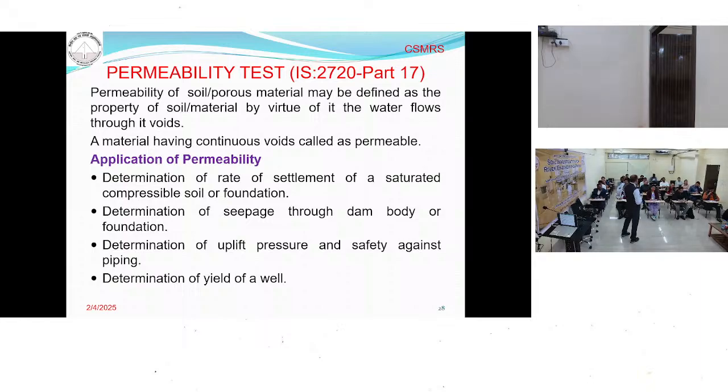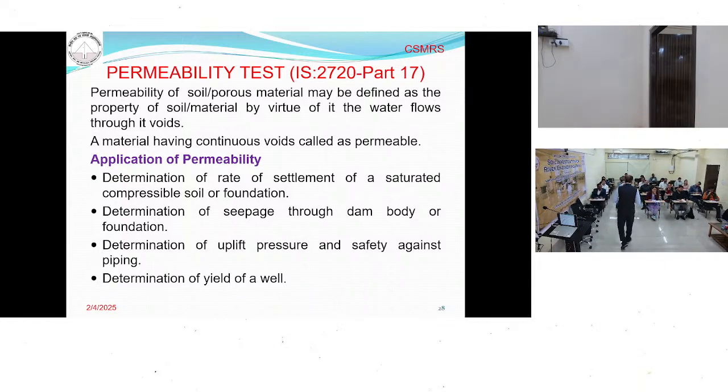Soil is a porous material. So why do we determine the permeability? Because in most water retaining structures we have water retention, so permeability is very important. The main function of the structure is to stop the water from going through it.